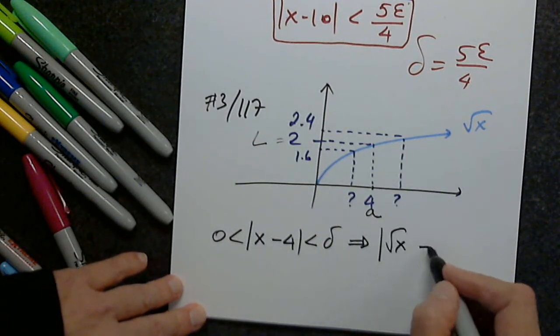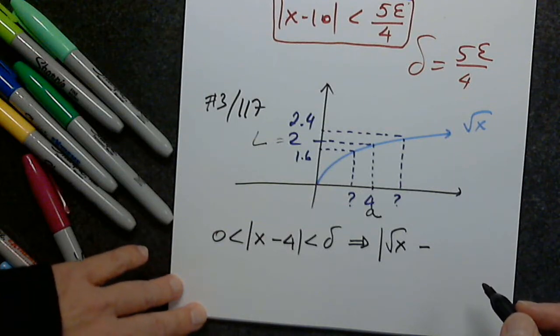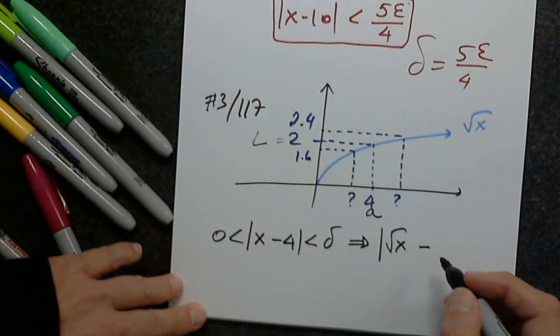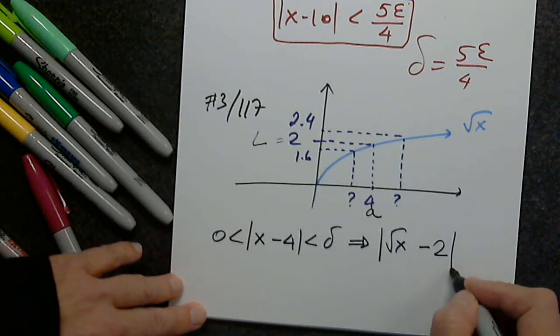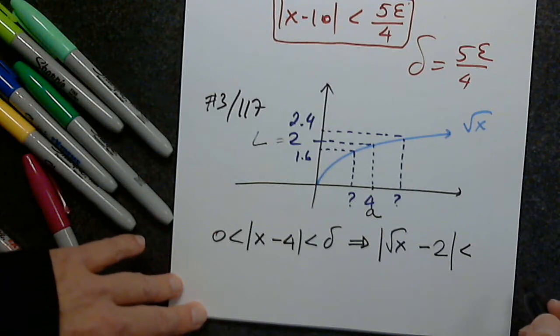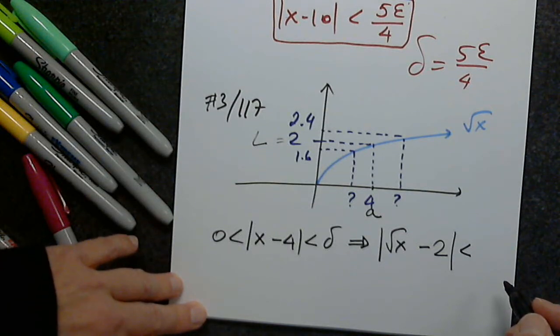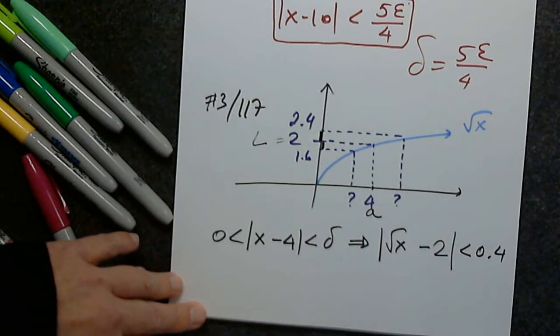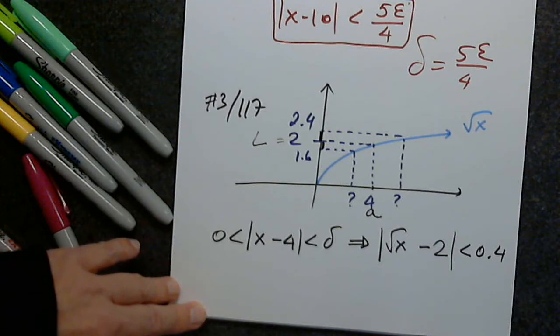Very good. Minus the limit. What is the limit here? 2. Less than, how much is epsilon in this case? It's a numerical situation. Can anyone give us epsilon? 0.4. Do you all agree with 0.4? Because this is 0.4 and this is 0.4. So epsilon must be 0.4.